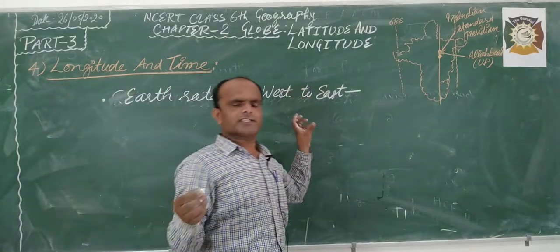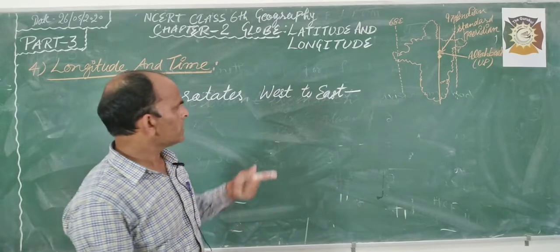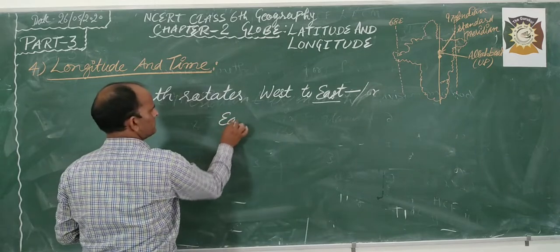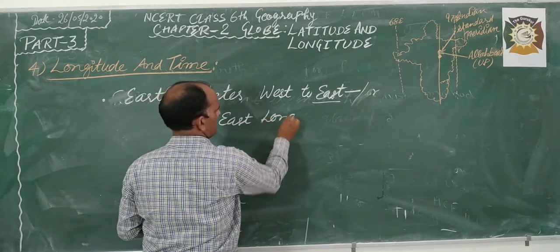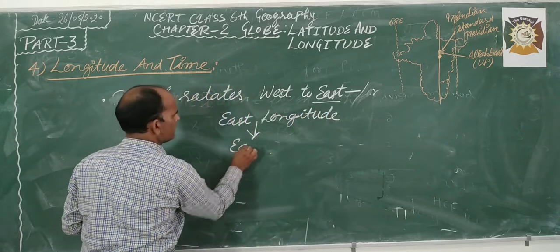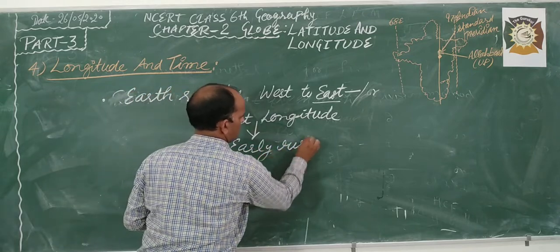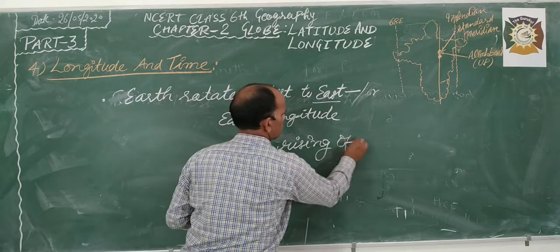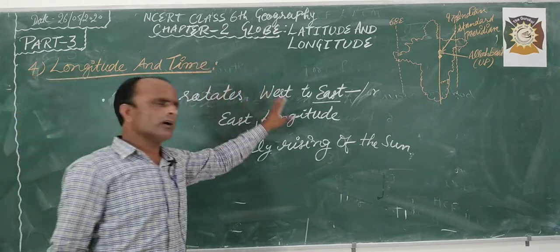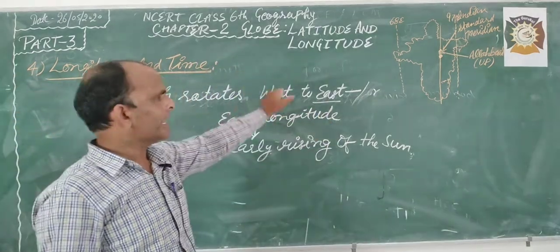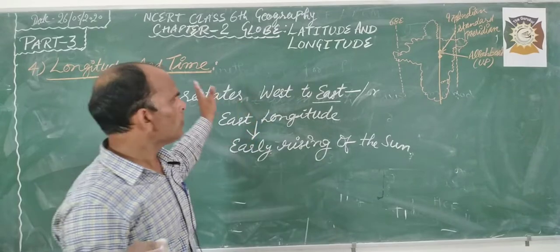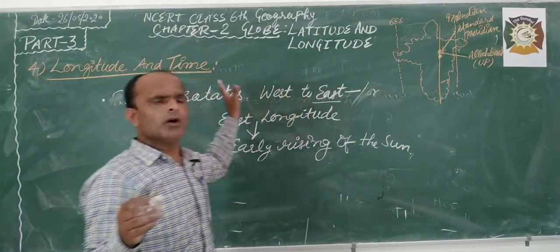You know that the sun rises from the east. So those countries who are in east longitudes will face the early rising of the sun. It means those who are in the east side, east longitudes, will get the early rising of the sun, and those who are in the west, the sun will rise in these countries late.